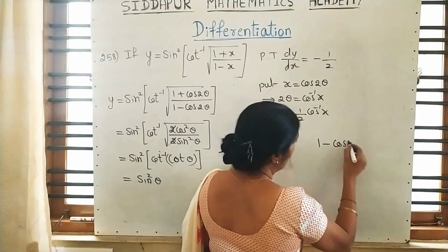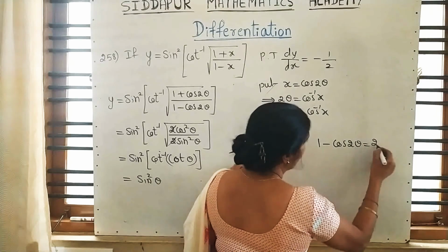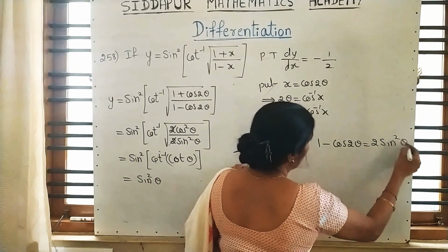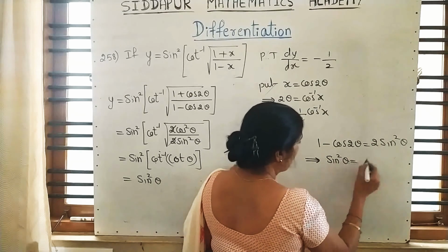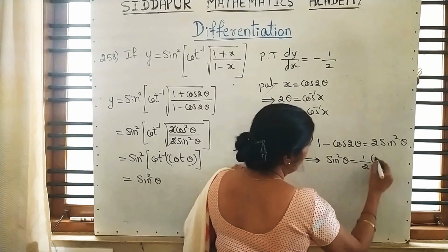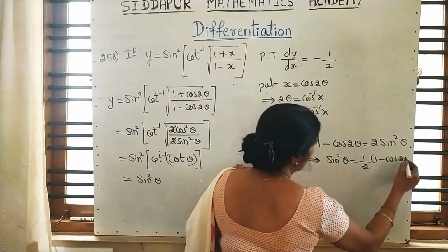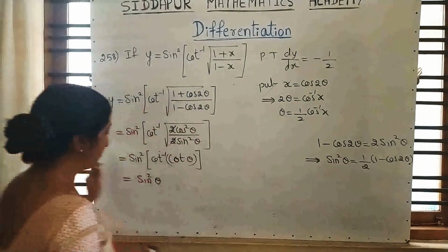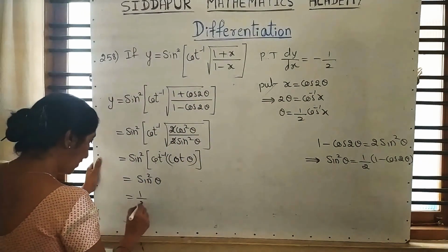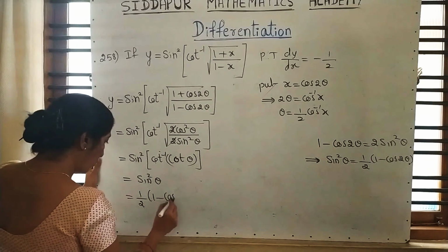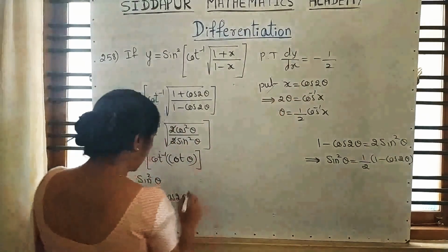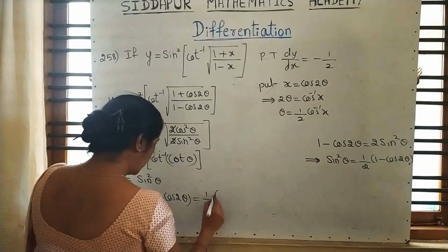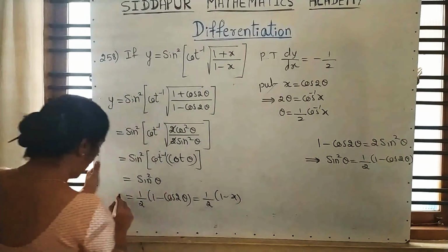Understood? Here I have multiples and submultiples. 1 minus cos 2 theta is 2 sin square theta. Then what is sin square theta? 1 by 2 into 1 minus cos 2 theta. Correct? But what is cos 2 theta? That is x. Yes, this is y value.